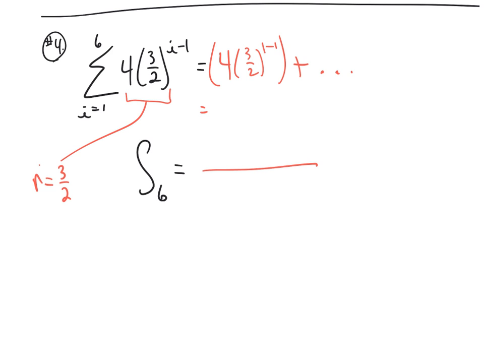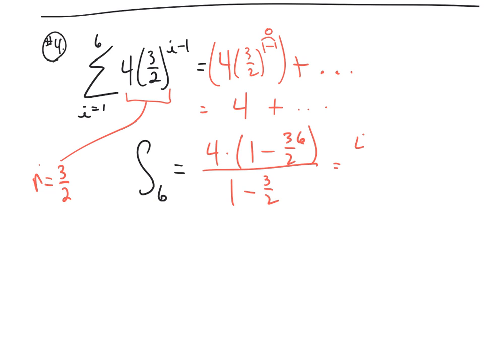When you do that math, what's 1 minus 1? 0. What's 3/2 raised to the 0 power? Anything raised to the 0 power is 1. And 4 times 1 is 4. So the first term is going to be 4. Then it's going to be 1 minus the common ratio, 3/2, raised to the 6th power, divided by 1 minus the common ratio.